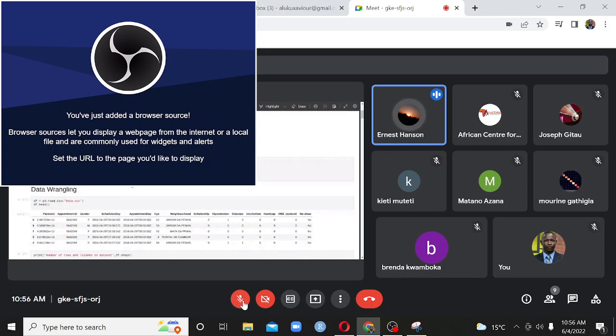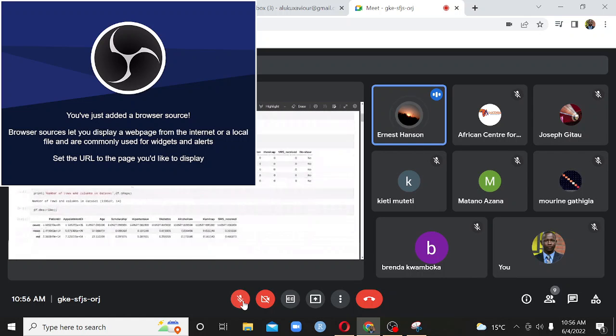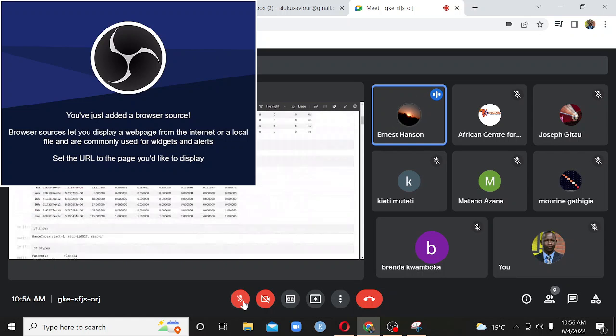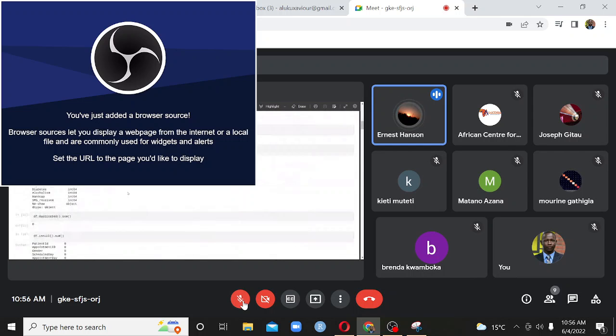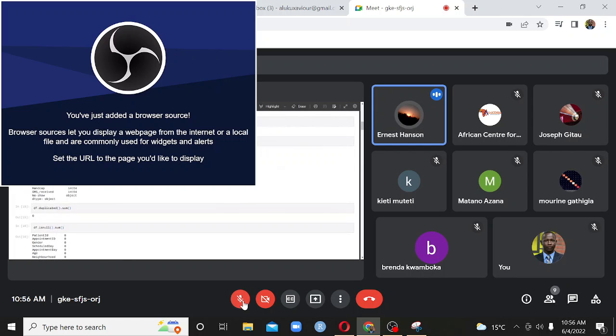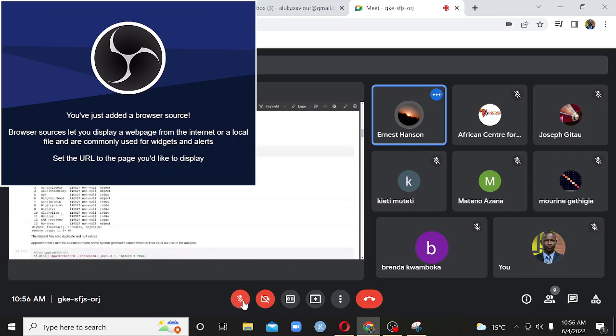Here I performed some data wrangling, going through the data. I went to see the data types. As you can see from the different data, I checked if there was any duplicated data or any null data, which I didn't find any. Here I concluded that the data set has zero duplicate and null values.